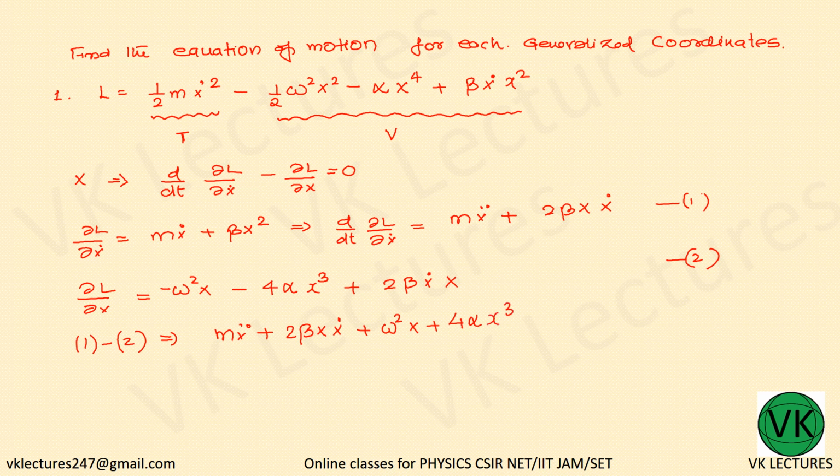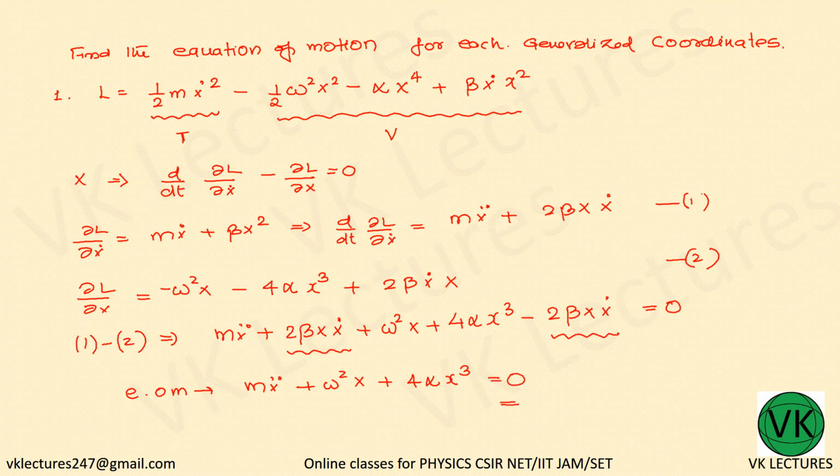Again here you have minus 2 beta x x dot. Now this is 2 beta x x dot with the plus, this is 2 beta x x dot minus, so this gets cancelled. So equation of motion will be mx double dot plus omega square x plus 4 alpha x cube equal to 0. So this is the answer.